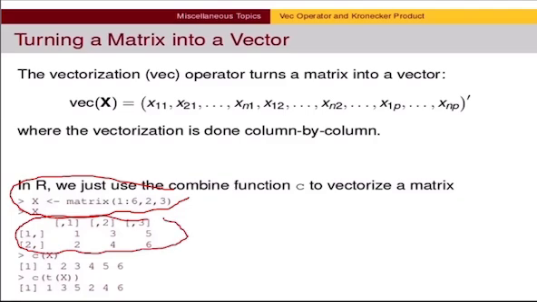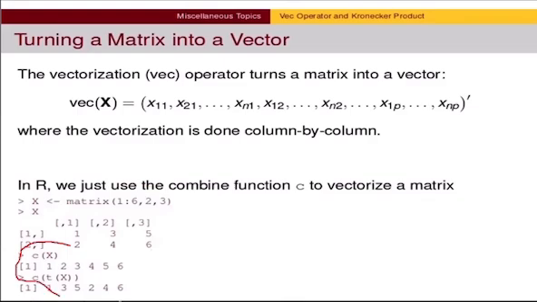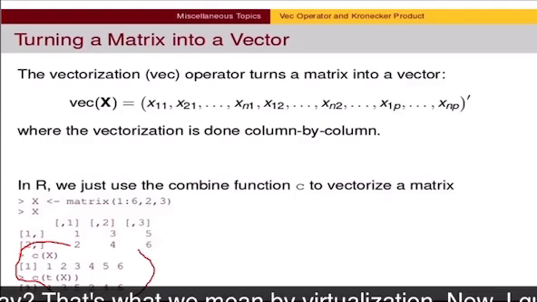If that is my resulting matrix, how do I vectorize it? Here is the code for vectorizing. It's just to make it a linear form: 1, 2, 3, 4, 5, 6. That's what we mean by vectorization.